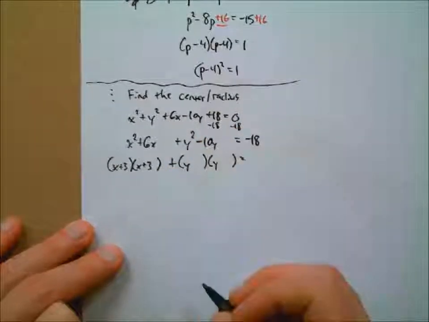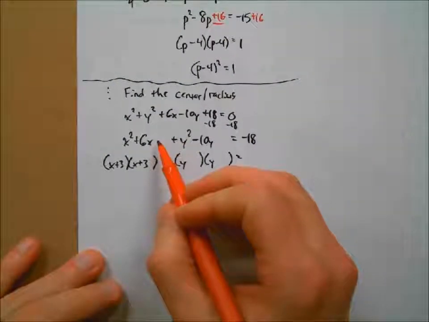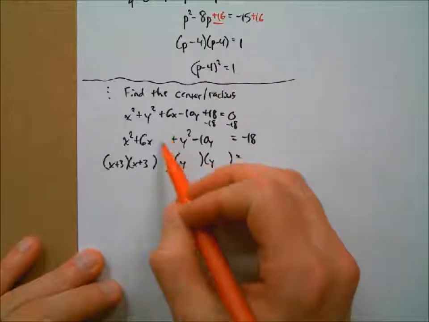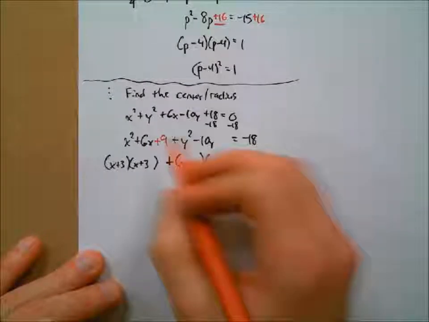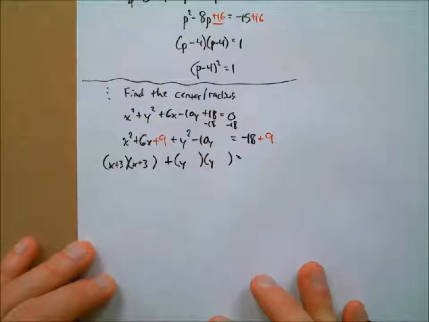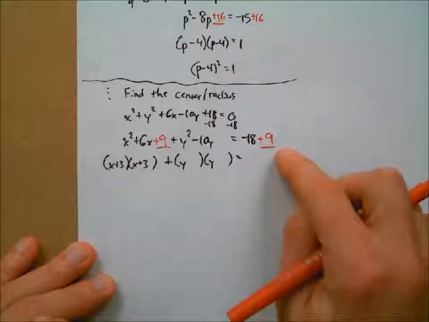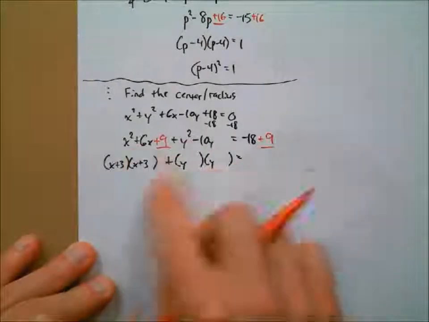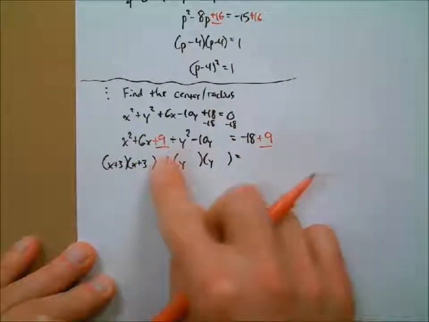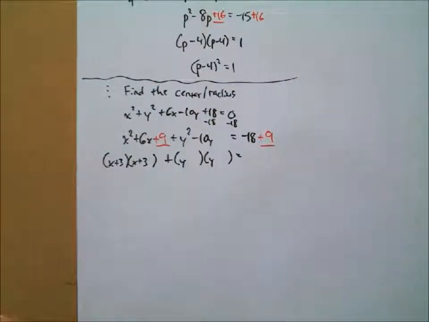Which means, back up here in our previous step, what number do we need to put in? A 9, right? Plus 9. And then to balance it out, we'll put the plus 9 on the other side of the equation. Don't forget to put this plus 9 on the other side of the equation. It's easy to get so caught up in this process over here that you forget you have to balance it out. So don't forget that plus 9. It's a common mistake that I see.